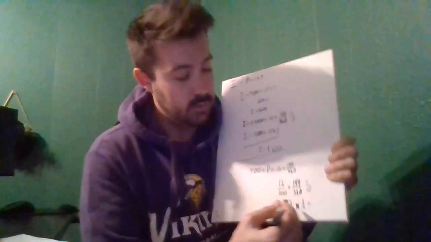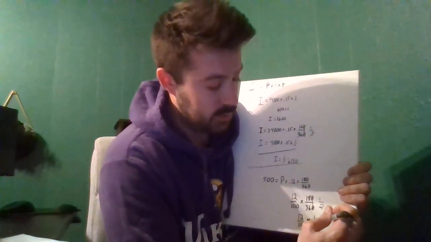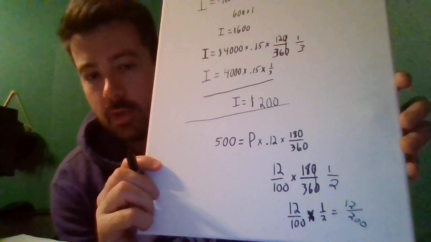So now we have 12 over 100 times 1/2. And then you just run across here, so that is 12 over 200. You can see that there.